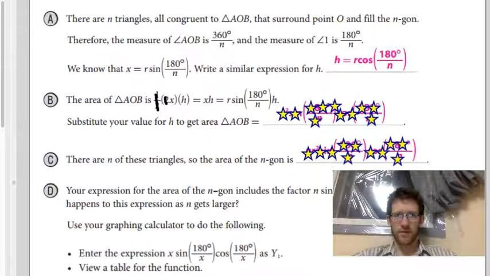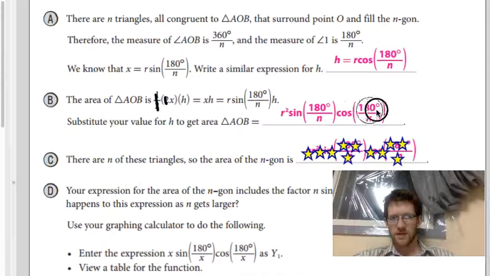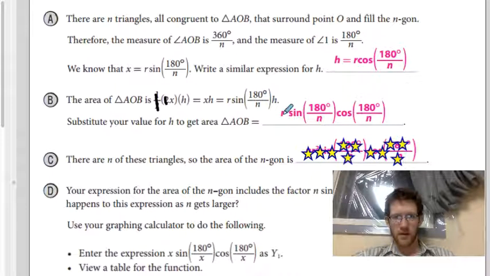They're going to skip a step here, which I'm not a big fan of, but that's okay. We have r times the sine of 180 over n times r times the cosine of 180 over n. So r is in there twice, right? We have two r's. We have r times the sine of 180 over n times the cosine of 180 over n. So that's where this value comes from. And that's where r squared comes from, right? We have r for the x value, and then we have an r for the h value.